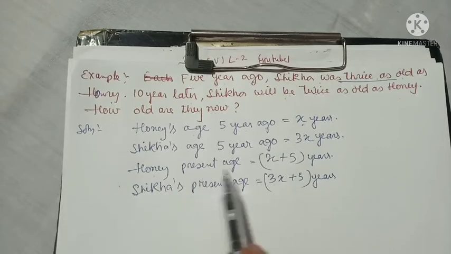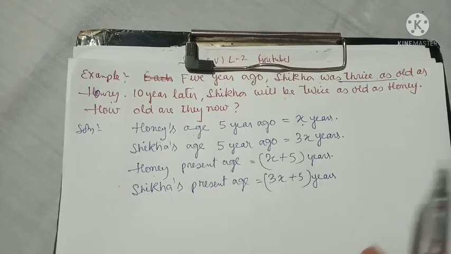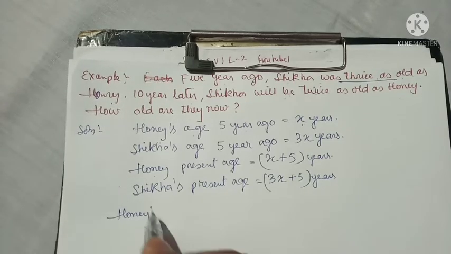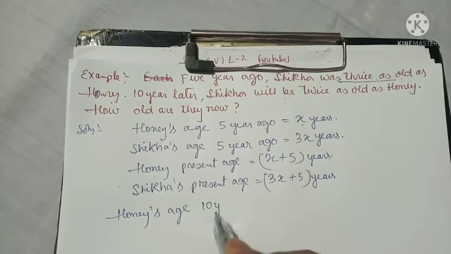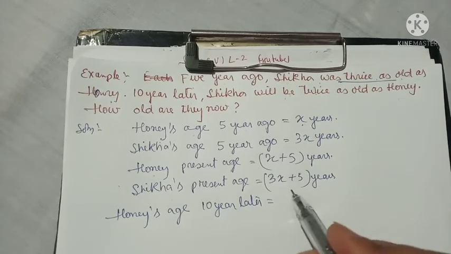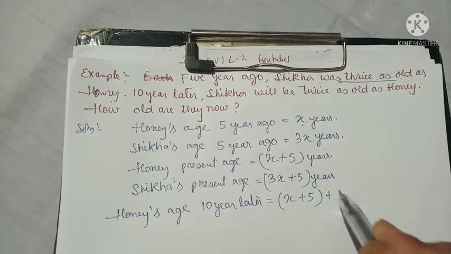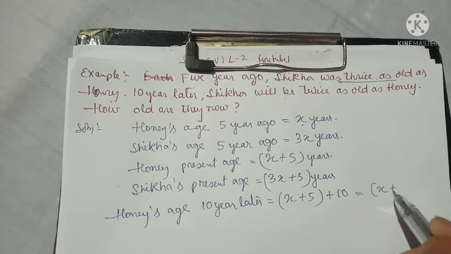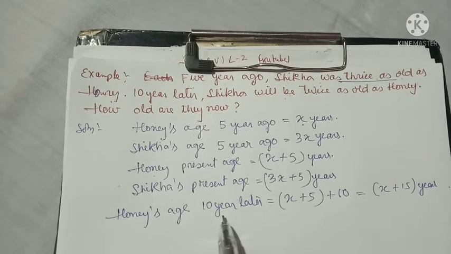The present age of Honey is x plus 5 and the present age of Sikha is 3x plus 5. Now Honey, 10 years later. After 10 years, what will be the age of Honey? x plus 5 plus 10, that is x plus 15 years.